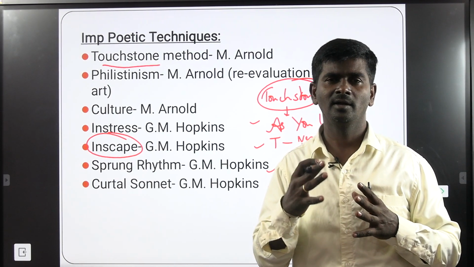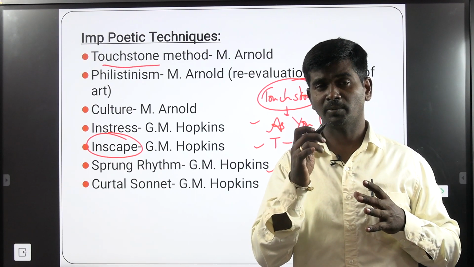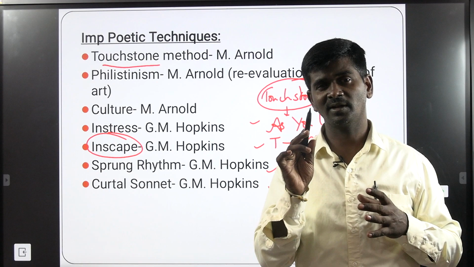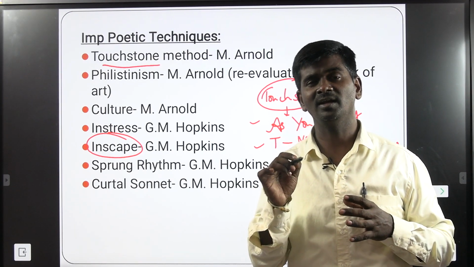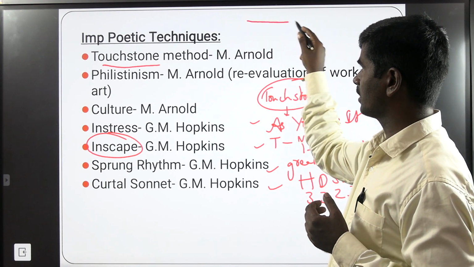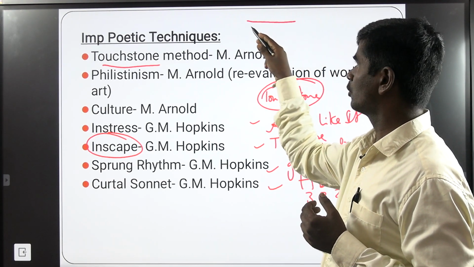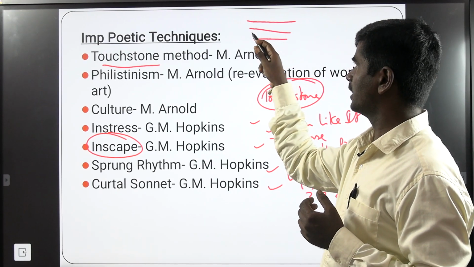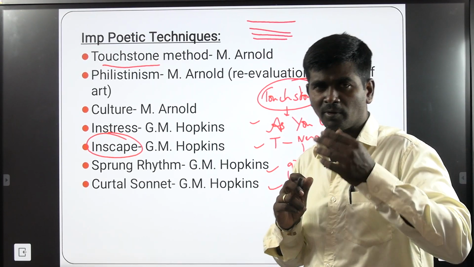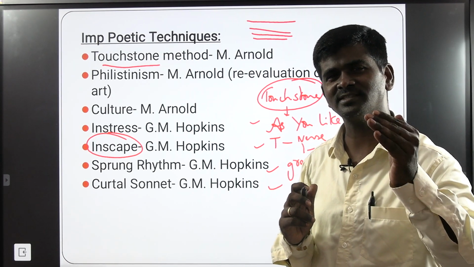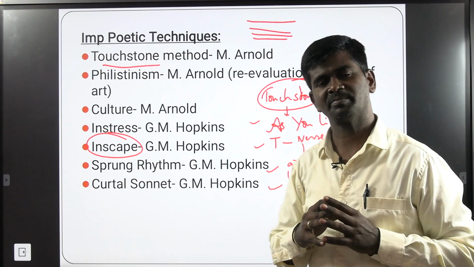Sprung rhythm means employing a different foot in every line. For example, the poet uses iambic in one line, trochee in another line, dactylic in another line, and pyrrhic in another line. The process of composing a poem in this way is called sprung rhythm.